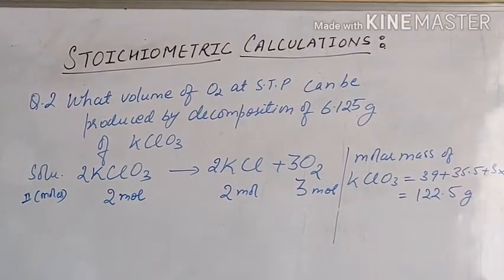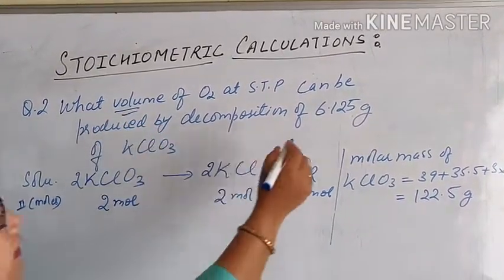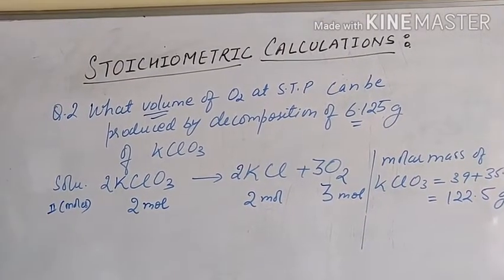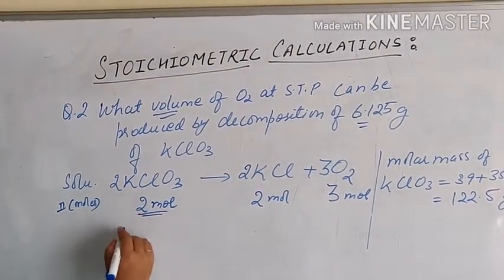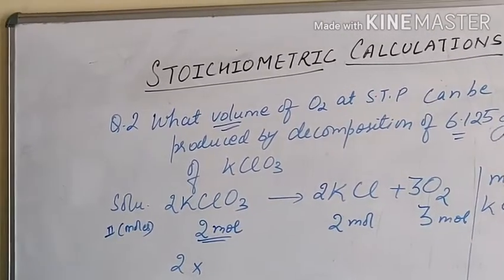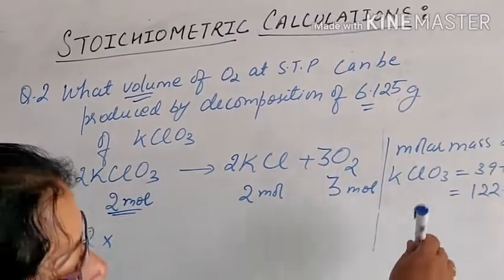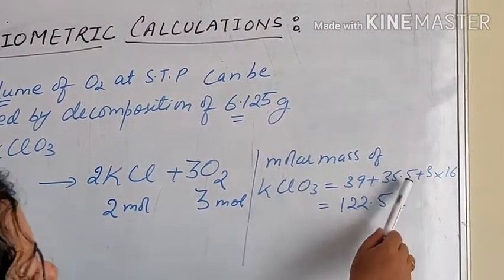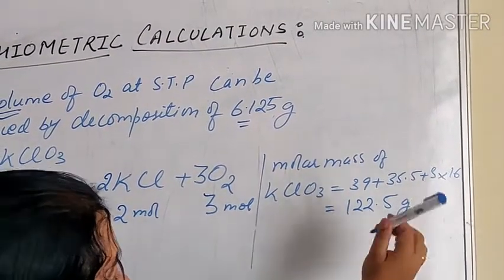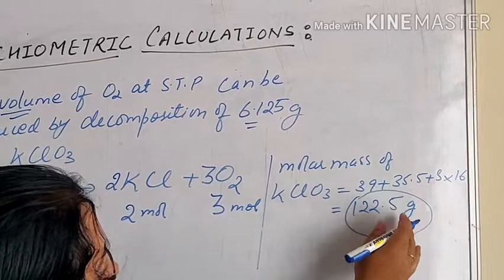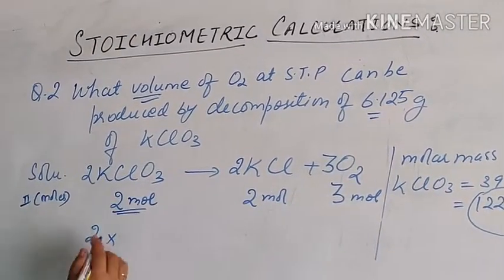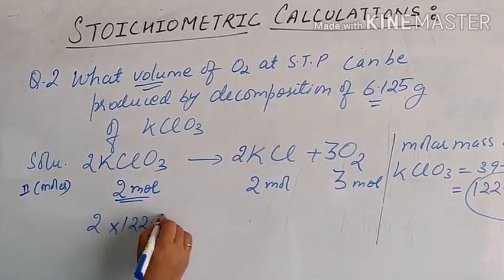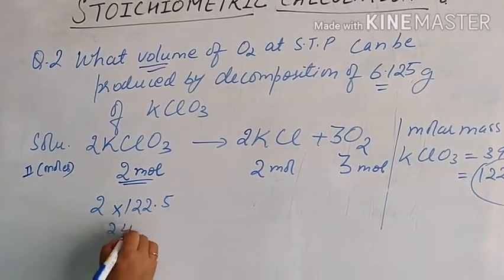Now we have to calculate the volume and mass is given, so we need to change this quantity first of all into mass. 2 mole of KClO3 will be 2 into the molar mass of KClO3. Molar mass of KClO3: potassium 39, chlorine 35.5 plus oxygen is 3 into 16, so it is 122.5 gram. So 2 moles will be equal to how many gram? 2 into 122.5 is equal to 245 gram.